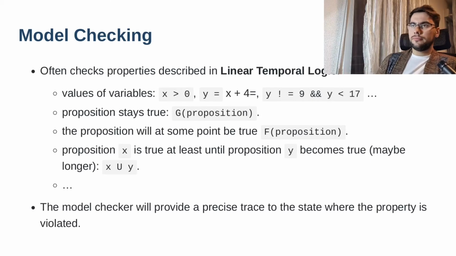Like, a proposition always stays true: the G quantifier. The proposition will at some point be true: the F quantifier. The proposition x is true at least until another proposition y becomes true. But when y becomes true, x may still be true and continue being true.